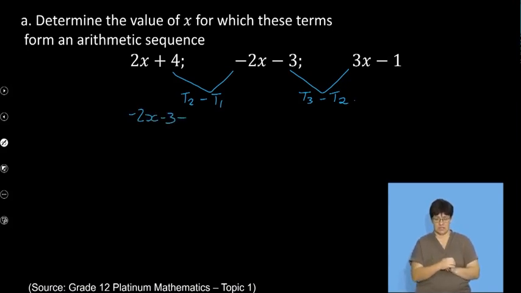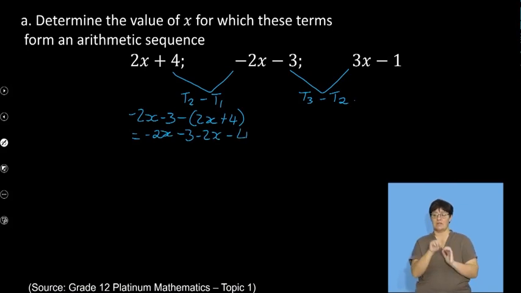Then I'm going to subtract term 1, which is 2x plus 4. If I simplify that, I'm going to have negative 2x minus 3 minus 2x minus 4, which can be simplified to negative 4x minus 7. So that's the first difference between the first 2 terms.